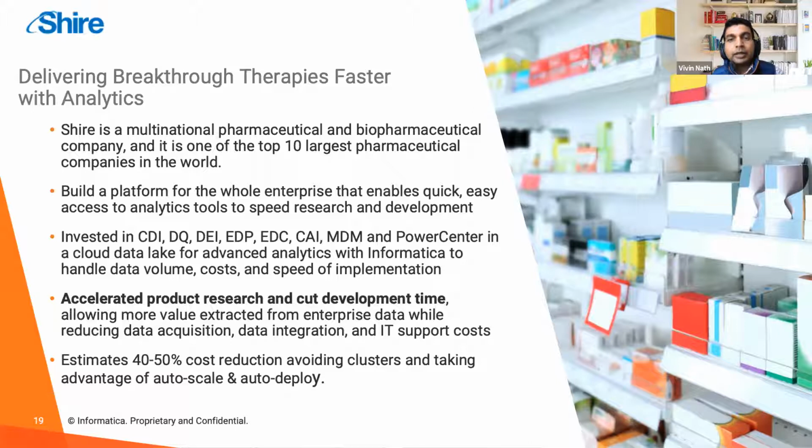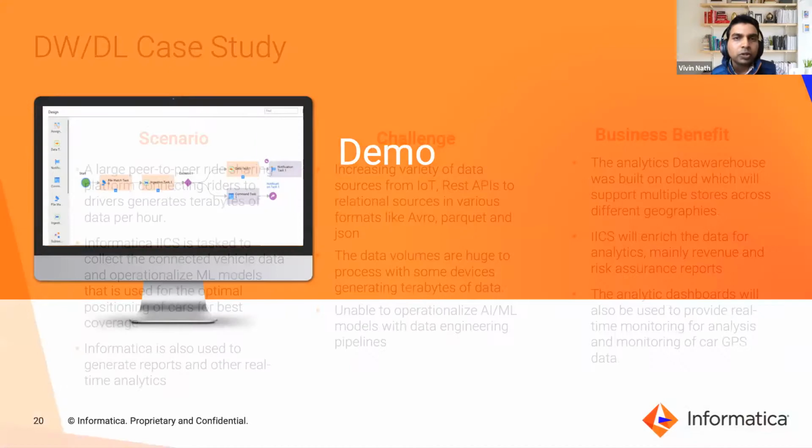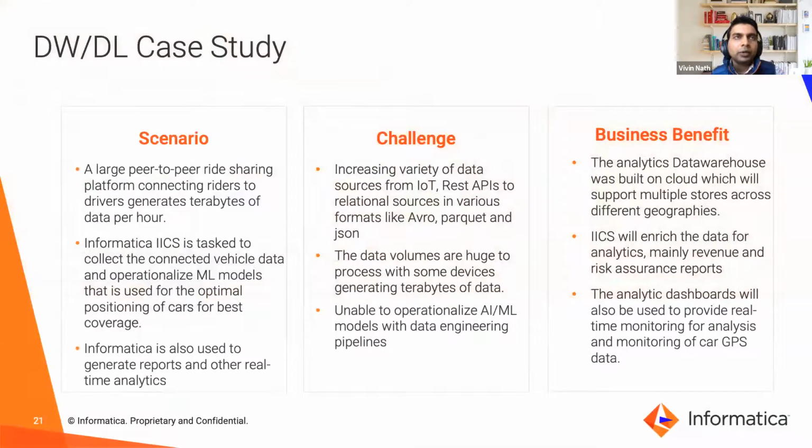Now, let me show you how some of that actually works in the product. So let me show you by showing you a real-life use case and a demo. In this real world use case, it's a large peer-to-peer ride sharing platform which connects drivers to riders, and they have connected vehicle applications and generate terabytes of data.